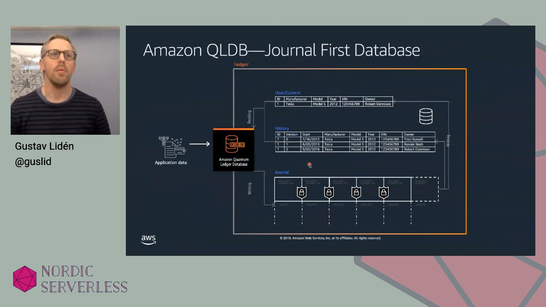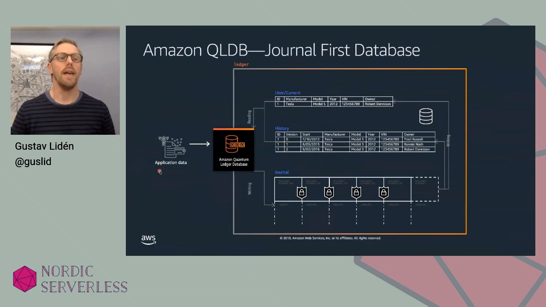So whenever you have an application that is working towards QLDB as a client, any writes, that will be inserts, updates, or deletes, are routed down to the journal first. So written into the journal, appended to the journal, and after that, the tables that you typically think about when you work with a database are created more or less as materialized views on top.